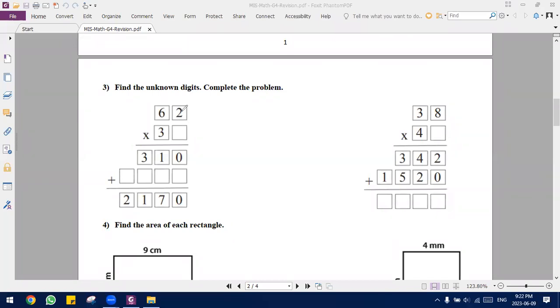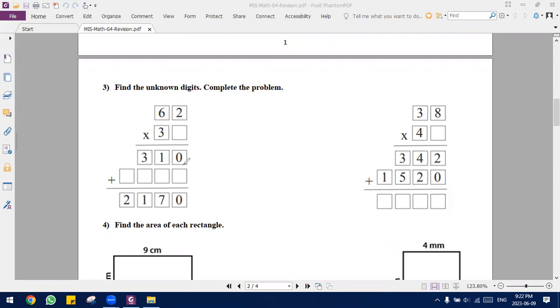Now, I have 2 multiplied by something, and then I'm getting a 0. What does that mean? Let's think of the 2 table, okay? When I multiply, for example, 2 by 1, 2, 2 by 2, 4, 2 by 3. So we need to look at the one that gives me 0 as a digit.